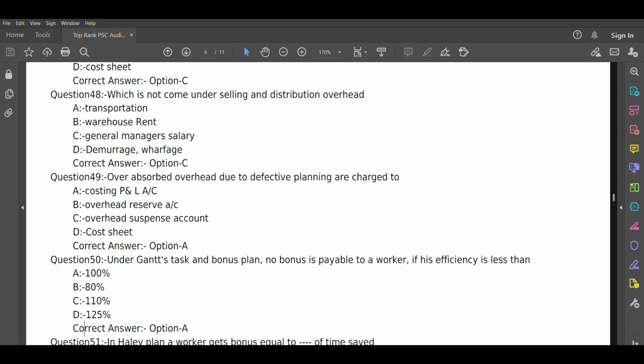Under Grants task and bonus plan, no bonus is payable to a worker if his efficiency is less than 100%.